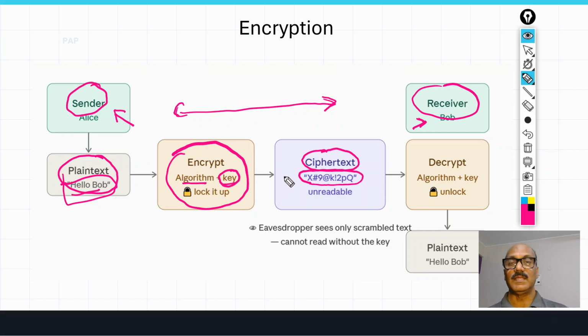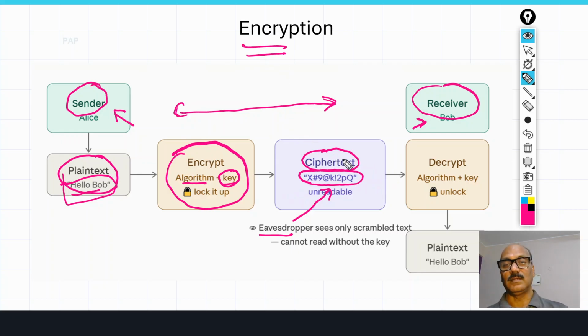Encryption helps in preventing that. If you convert the information into ciphertext, even if the attacker captures it, he will not be able to make out what it means. That is the whole purpose of encryption.